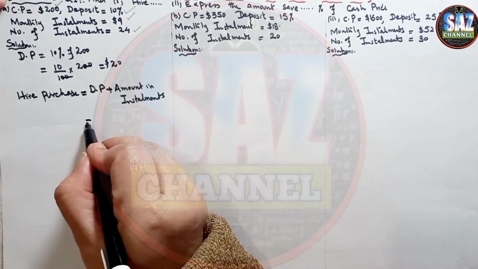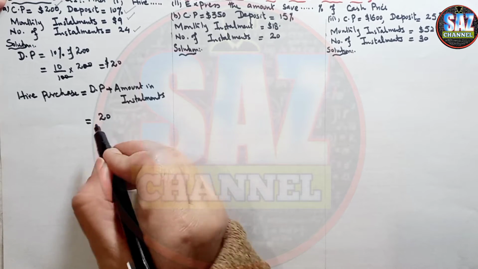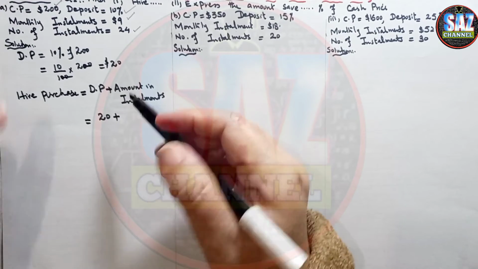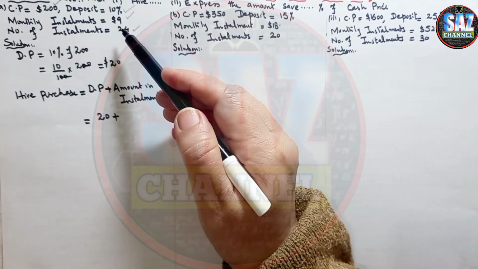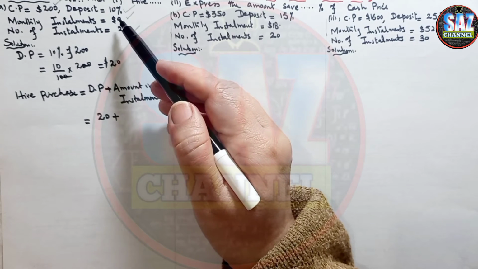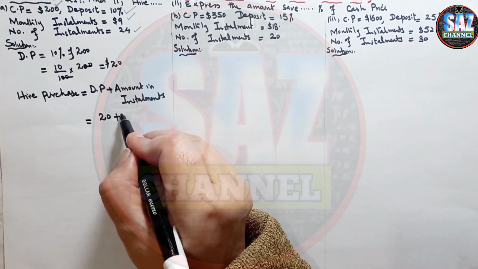The down payment is $20, and plus we have to pay 24 installments, and each installment has the value $9.